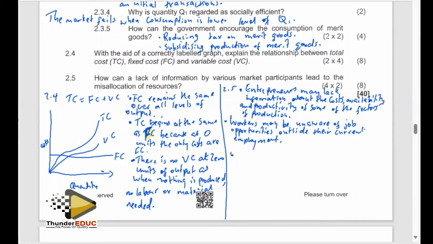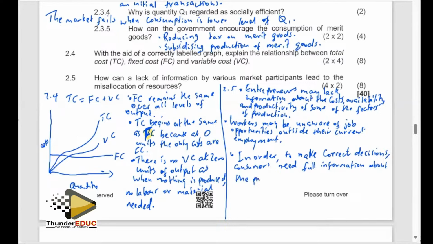And also we are saying that in order to make correct decisions, consumers need full information about the product and ingredients.